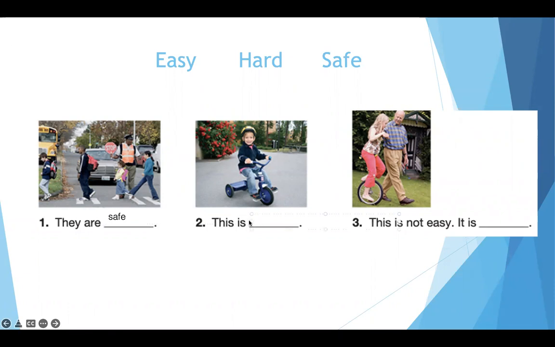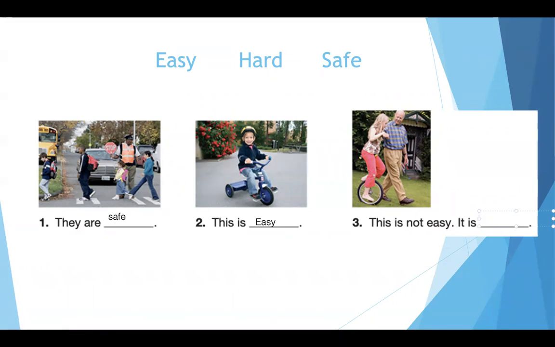All right, how about number 2? This is easy or this is hard? I think this one looks easy. The kid looks like they are having an easy time. And now number 3, it says this is not easy.